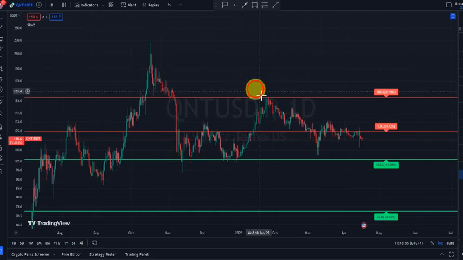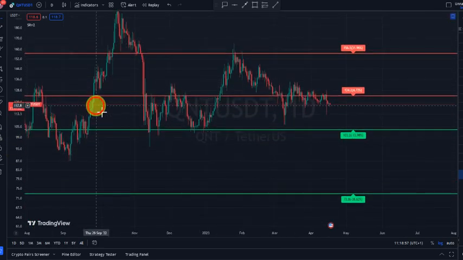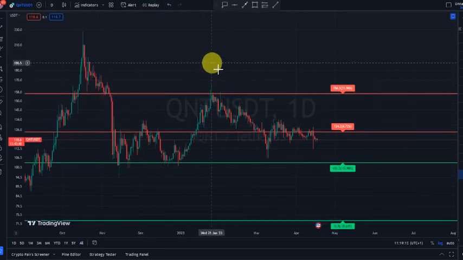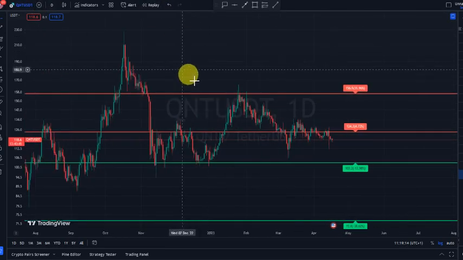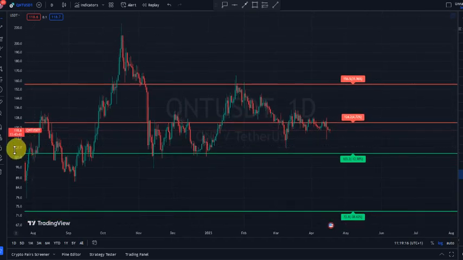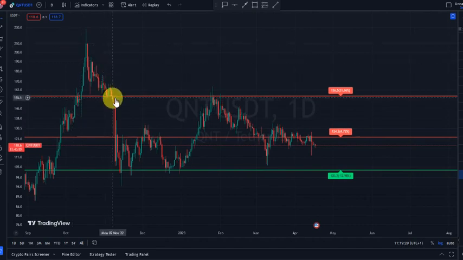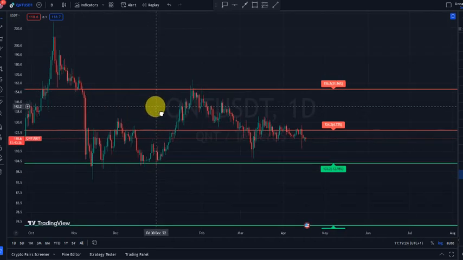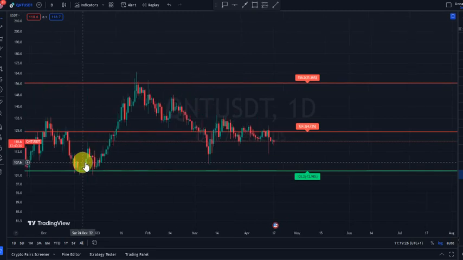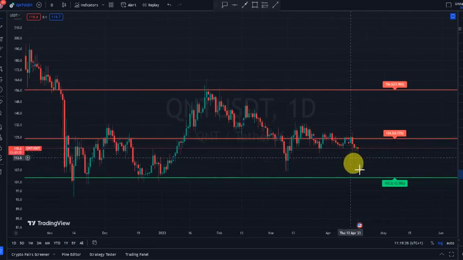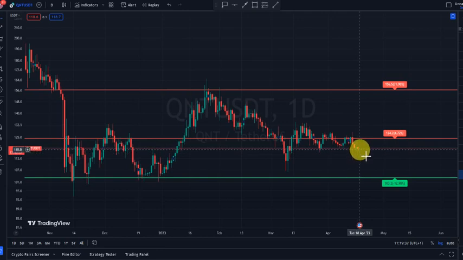As you can see, we are on the chart for QNT versus the US dollar. We have drawn all our support and resistance levels to give you a pictorial representation of what is happening on the chart. As a result of the hack that happened recently, we had this huge dump to the downside, but price has been recovering currently.